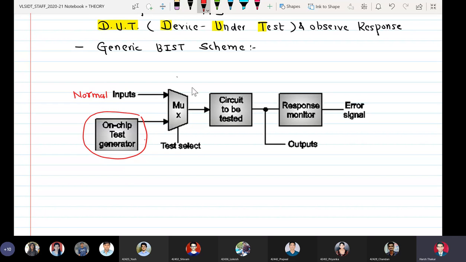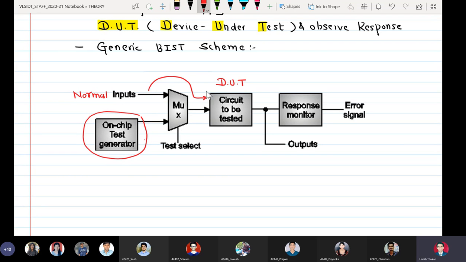So now we see that we have a multiplexer here, and this is the DUT, device under test, on which we have to perform fault testing. The normal inputs coming from the real world are not directly applied to the DUT, which is the normal case. In a normal integrated circuit, which does not have an inbuilt test facility, we directly apply these inputs here.